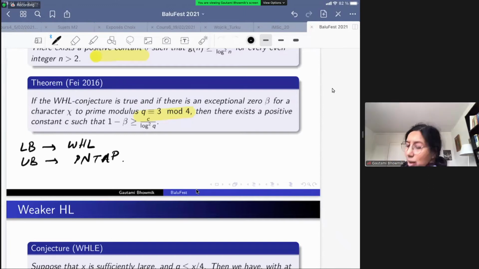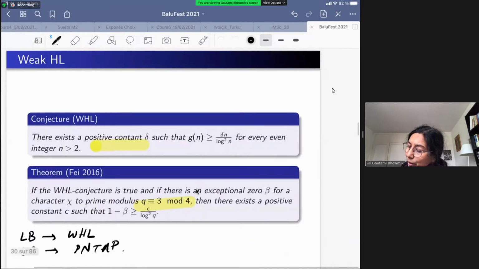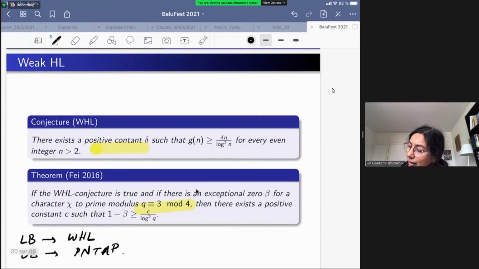Okay. So what I want to say is that we can somehow improve on this result of phi's by assuming a condition which is weaker than phi's. Here is phi: there exists a positive constant delta such that g of n is larger than that.